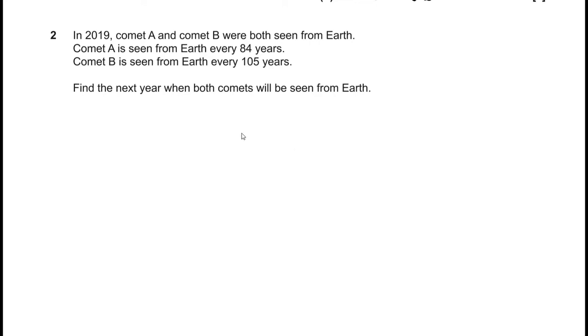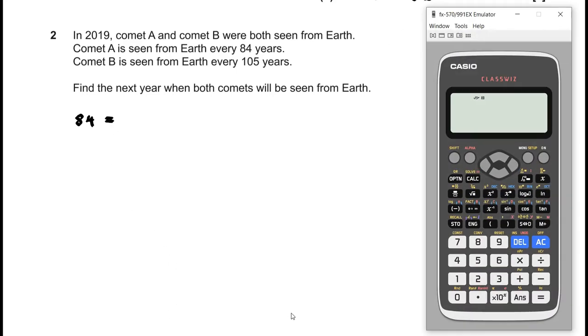We can find out the prime factors of 84 and 105. 84 is equal to, if we use our calculator to type in 84, then press the equals and factor button, 84 is equal to 2 times 2 times 3 times 7.